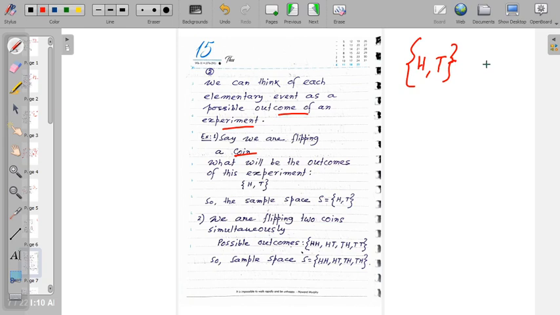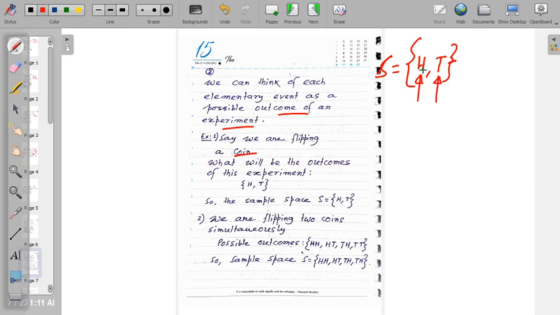So this H and T. This head is one outcome and tail is one outcome. So these are two outcomes possible of this experiment whenever I am tossing a coin. So this is also the sample space.